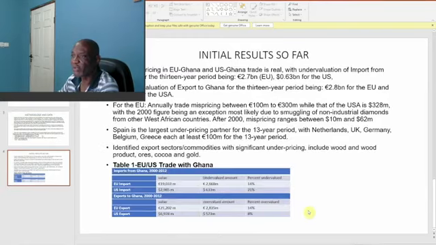Initial results from our analysis show that trade misinvoicing is real in Ghana, especially in our trade with the US and the European Union for the period 2000 to 2017.